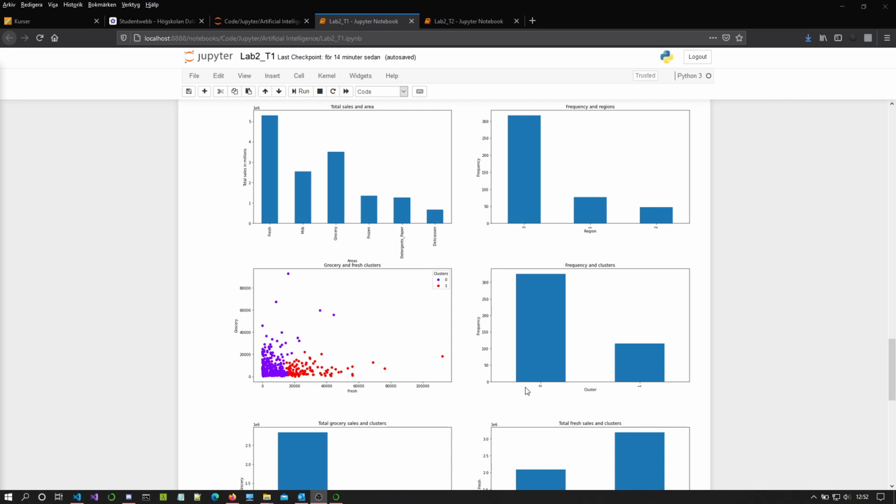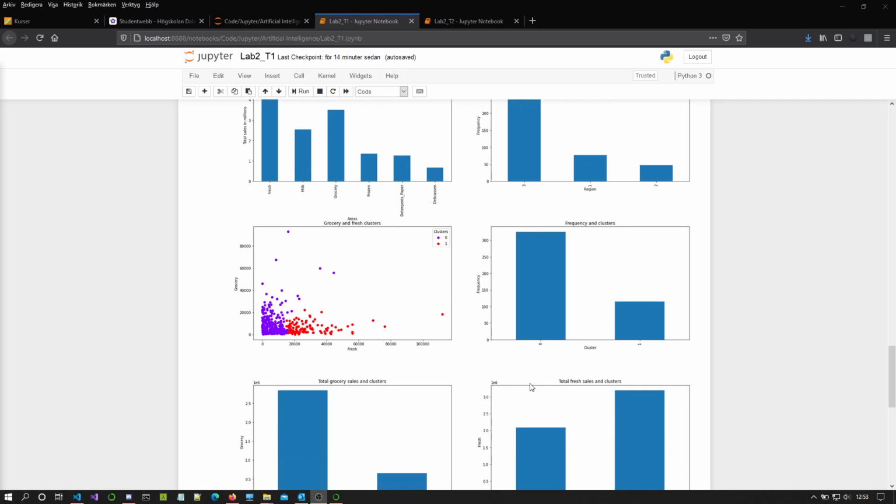And we can also see that the frequency of cluster 0 is considerably larger than cluster 1. So there are a lot more data points or individuals in cluster 0.